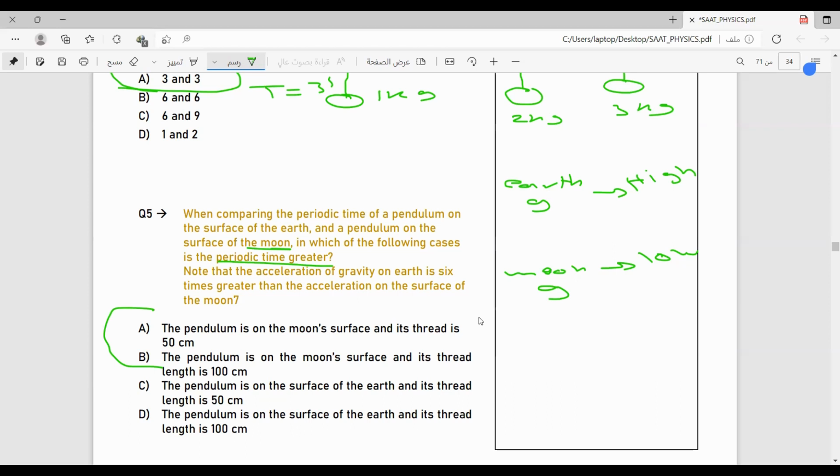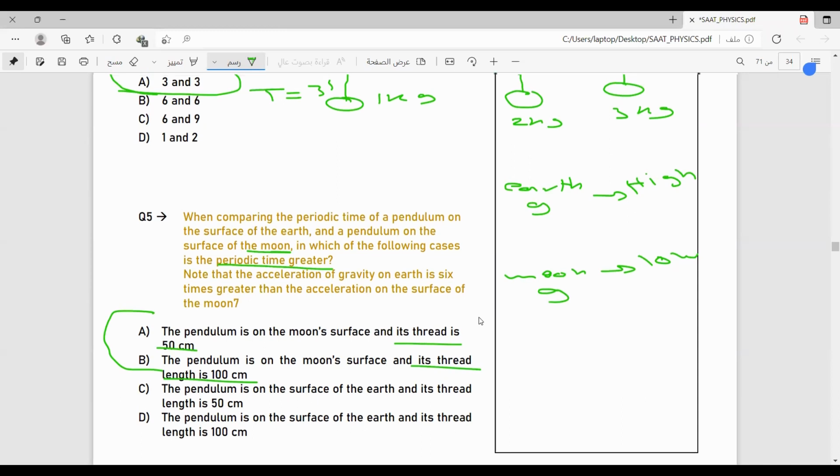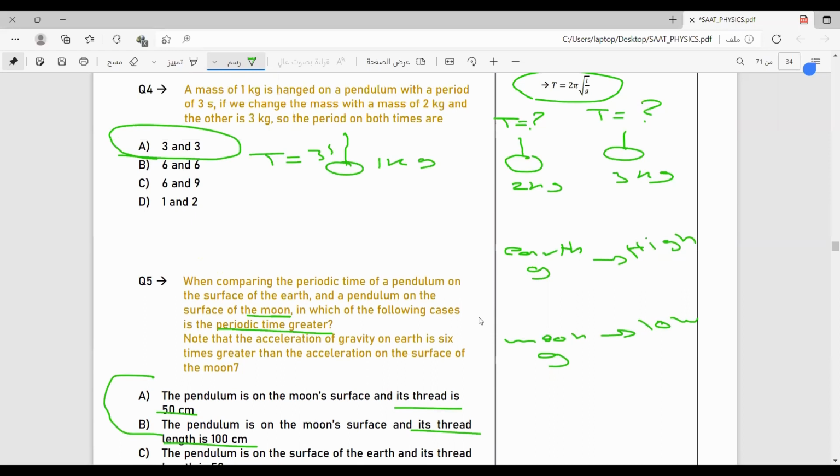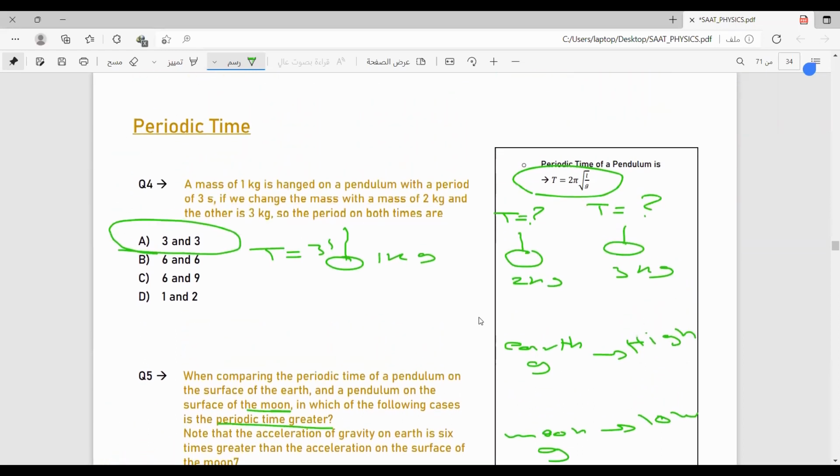What do you think? Now we have the other part here, saying it's a thread, which is the rope, 50 centimeter, and here is 100 centimeter. So what can? Yes, B, because it's square rootable. Great, nice. And Noha, yes, you're right. Why?